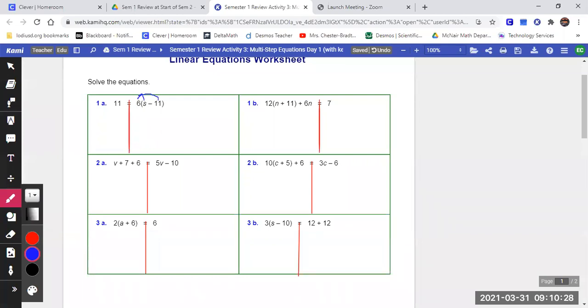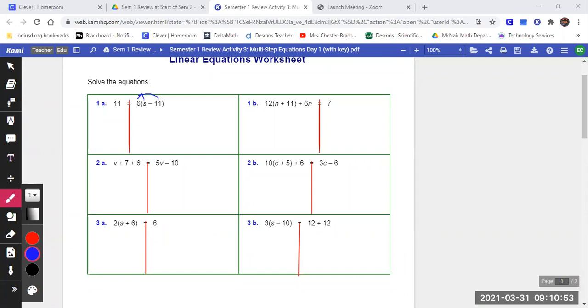What math operation is distribute? Now make sure you're following along because we will not have time at the end of the period. It's a shorter day on Wednesdays. We know this. So what math operation is distribute? Yes, it's multiplication.